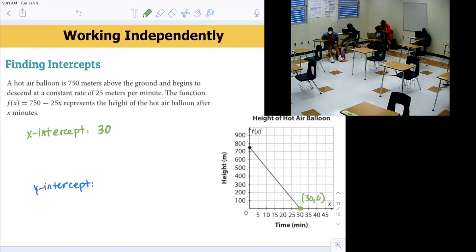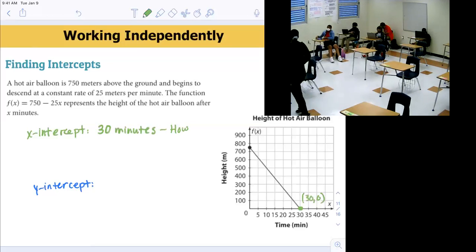And it would be 30 what? What are my units? Minutes. Minutes. And what does that 30 minutes represent? How long it takes the balloon to land. Good. How long it takes, so the amount of time that it takes for the balloon to land.